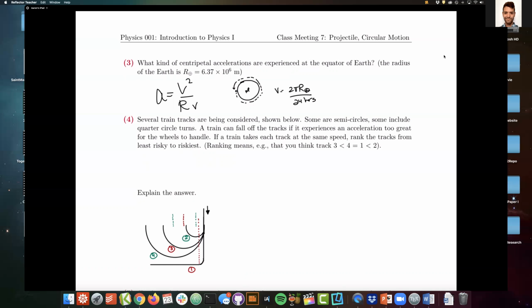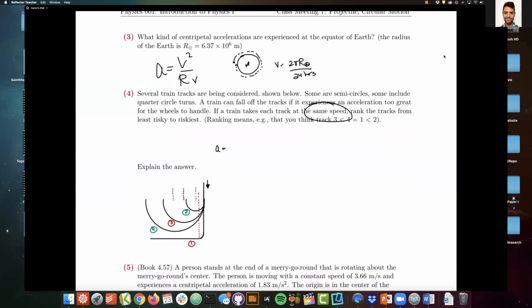Several train tracks are being considered. Some are semicircles, some are quarters. A train can fall off the tracks if it experiences an acceleration too great. If a train takes each track at the same speed, rank the tracks. So at the same speed implies it's something like uniform circular motion. The v's are the same for everything.